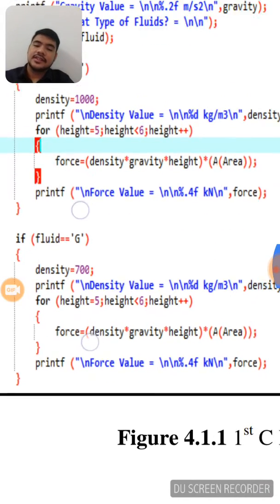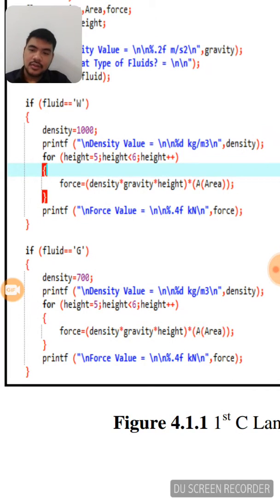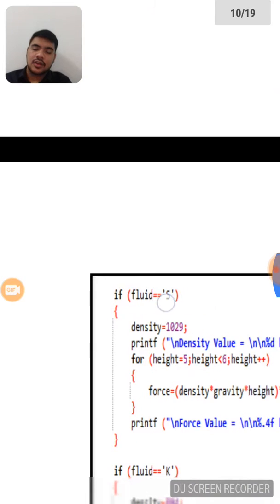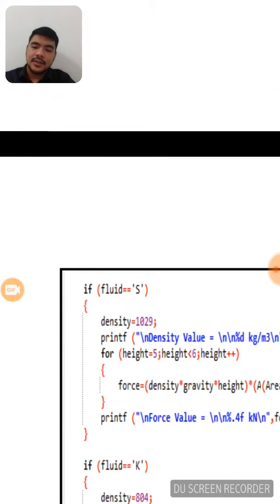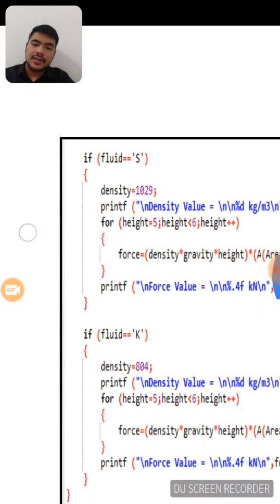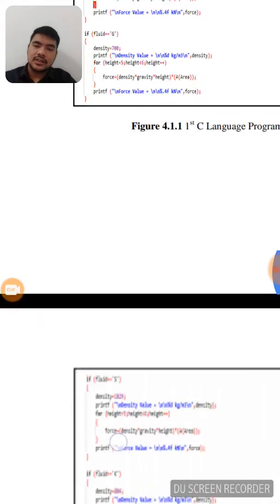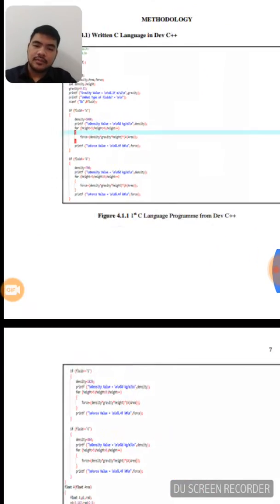It is usually the same for fluid G, but the density is changed, while the condition of height also remains the same, as with S and K. So this is our C language program from Dev C++.